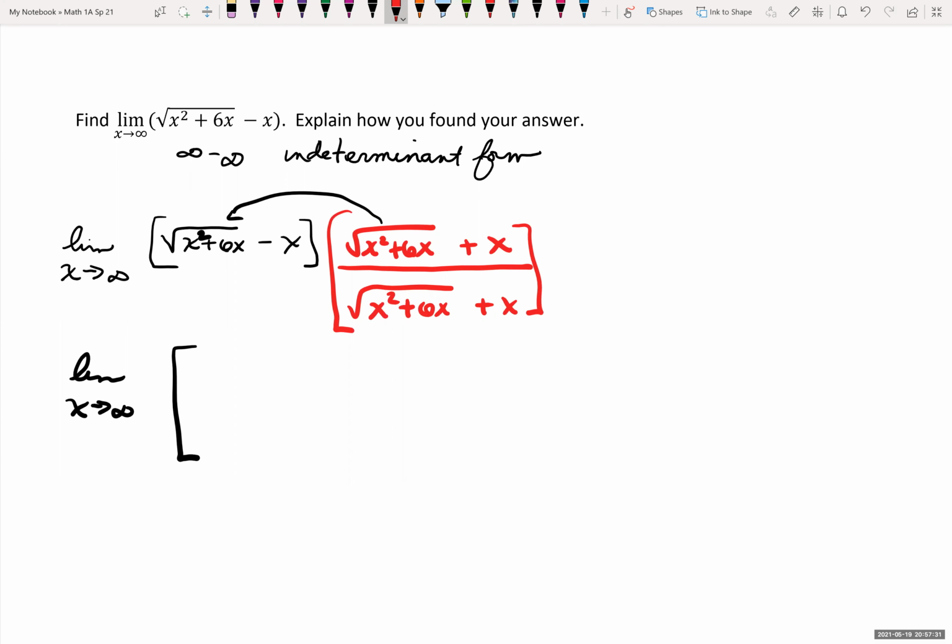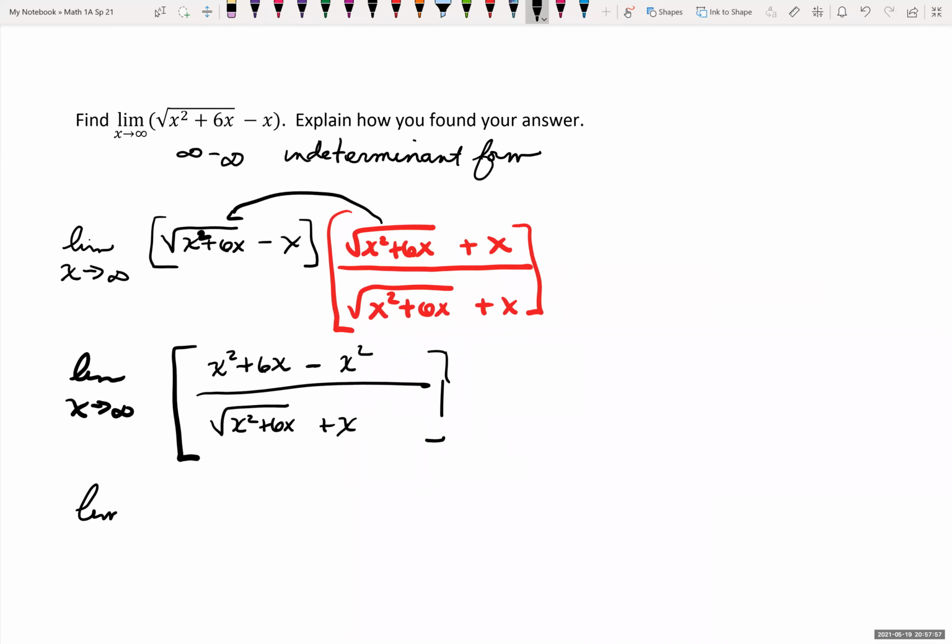So we can think of that as squaring the first term, which gives us the radicand, x squared plus 6x, minus squaring the second term, which is x squared, all over the denominator, the square root of x squared plus 6x plus x. Notice that we have an x squared minus an x squared, that cancels. We're just left with 6x all over the square root of x squared plus 6x plus x.